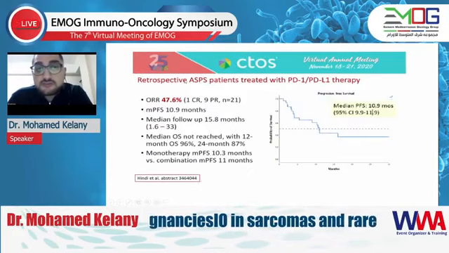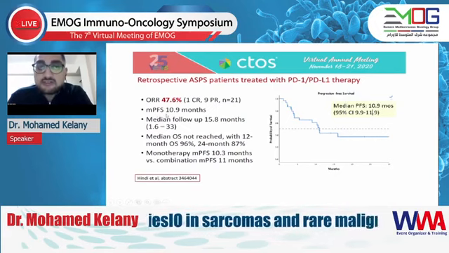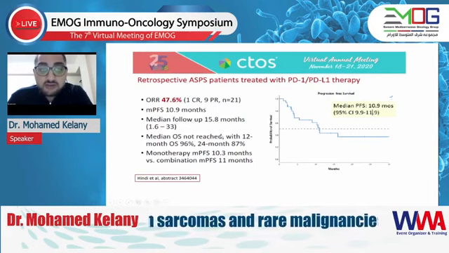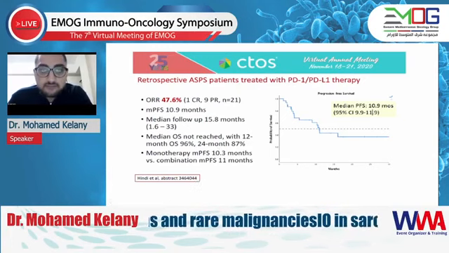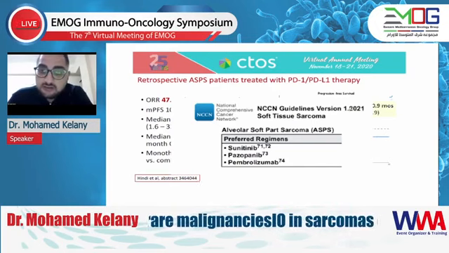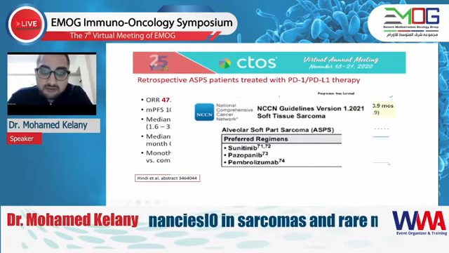The overall response rate was near 50%, the median progression-free survival was 10.9 months, and the median overall survival was again not reached, with 2-year survival about 87%. From this data, the NCCN guidelines in 2020 put immunotherapy as an option, especially for this peculiar subtype, alveolar soft part sarcoma.